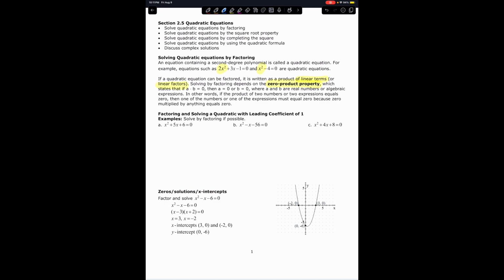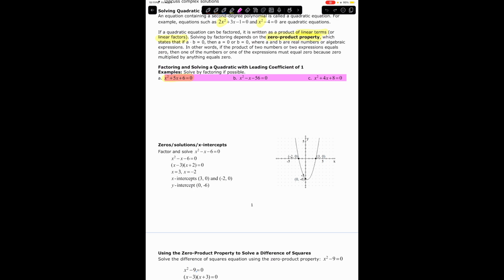Factoring and solving quadratics with a leading coefficient of 1. As you saw in unit number 0 in the review, we discussed factoring quadratic expressions when the leading coefficient is 1. Because we're using the factoring method, the right-hand side must be 0, since it relies on the zero product property.